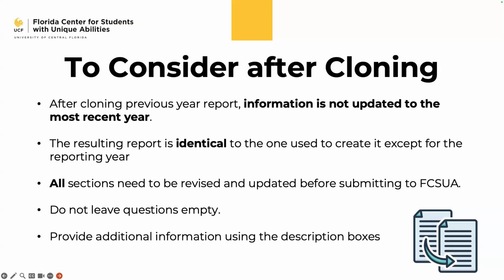And the other piece is to provide additional information. We cannot repeat this enough. There's a box at the end of the questionnaire that is very large, open for you to add history, anything that you want to add to support the data and help us understand the data that you're reporting.